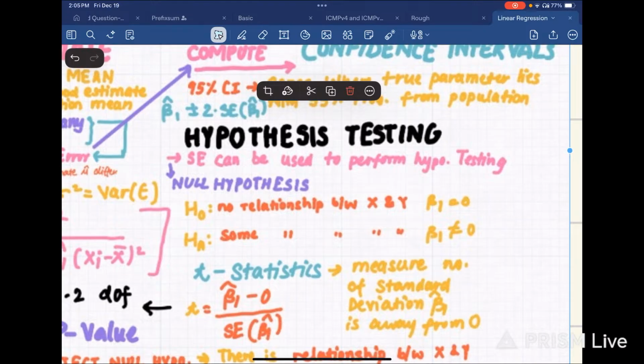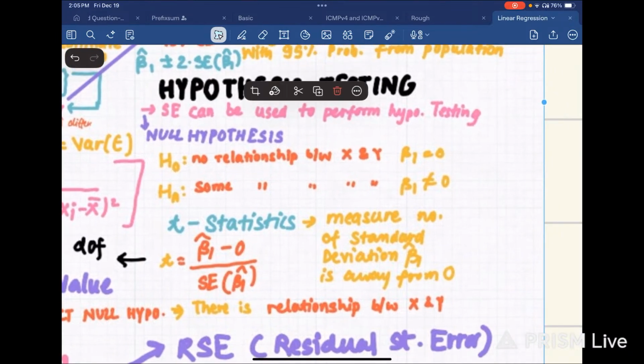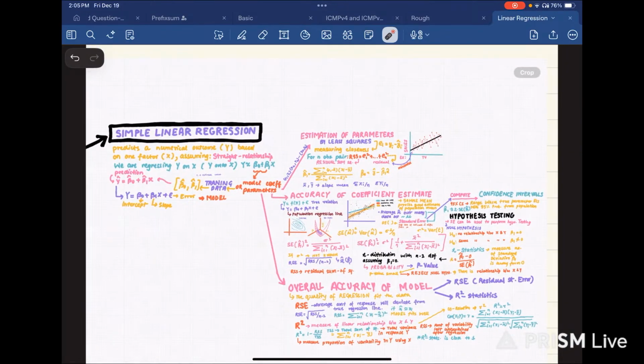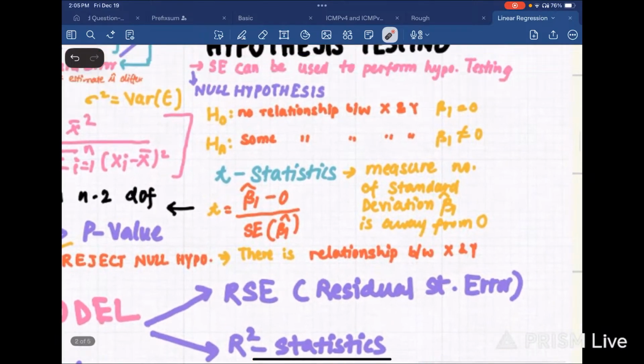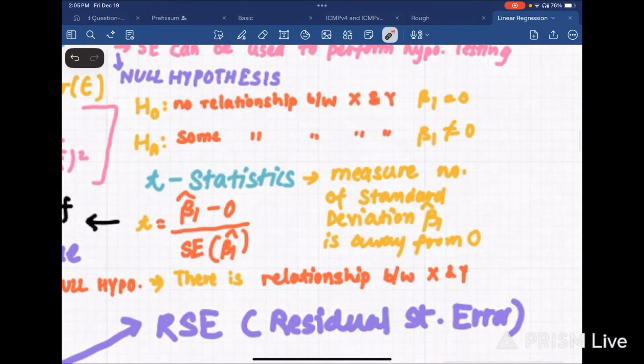This is like the standard deviation we get in a t-test, any kind of t-test. How many standard deviations away is it? You can see that as a t-test.